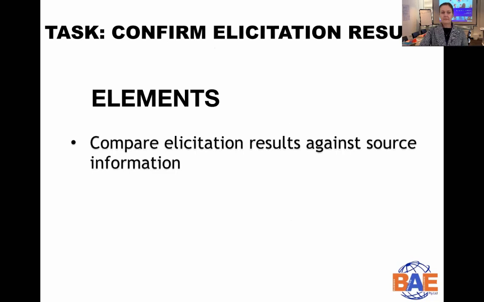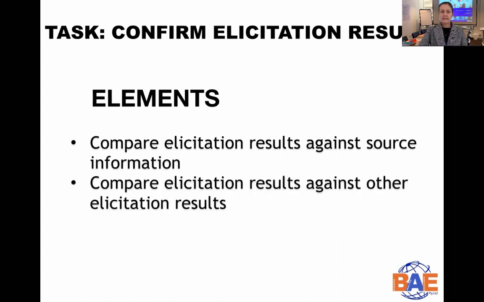So first of all, the elements are compare elicitation results against source information. And the second element is compare elicitation results against other elicitation results.